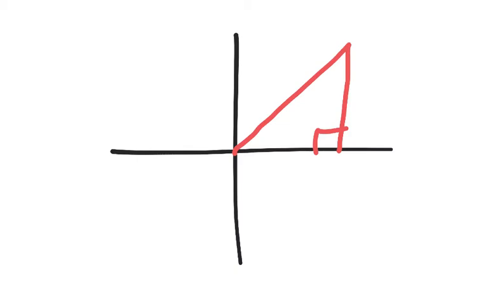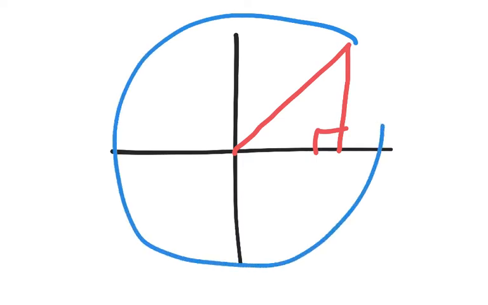So in actuality, if I were to draw on my unit circle, and I had a 45 degree angle here, really, my hypotenuse is 1, because it's on the unit circle. So what did I do? I took what used to be a hypotenuse of 2, and I've made it 1.